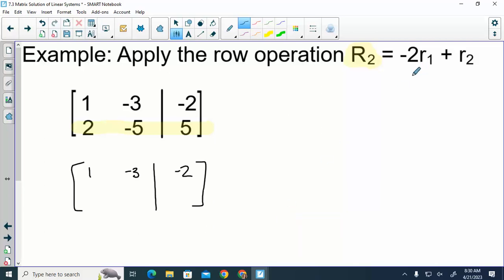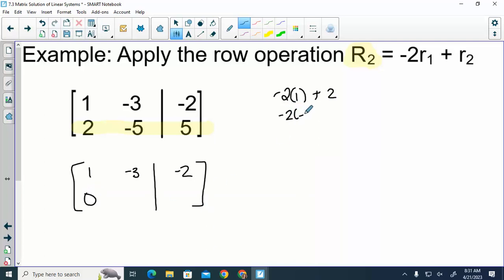Are we trying this one on our own? Sure. Okay, so row 2 equals -2 times the number in row 1, so that was a 1, plus the number in row 2. So we get 0. Alright, next one.